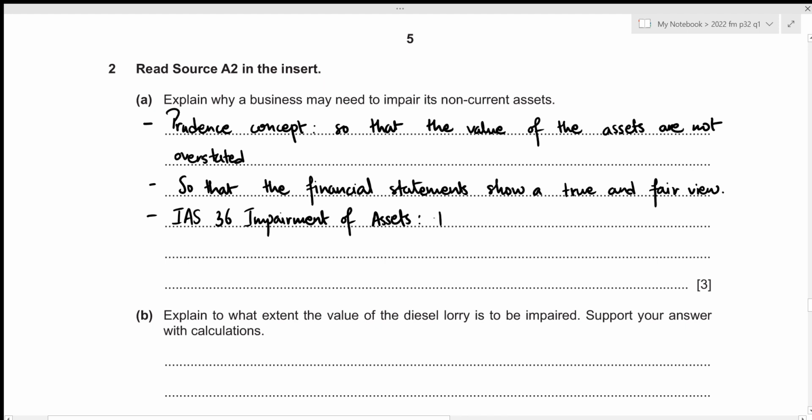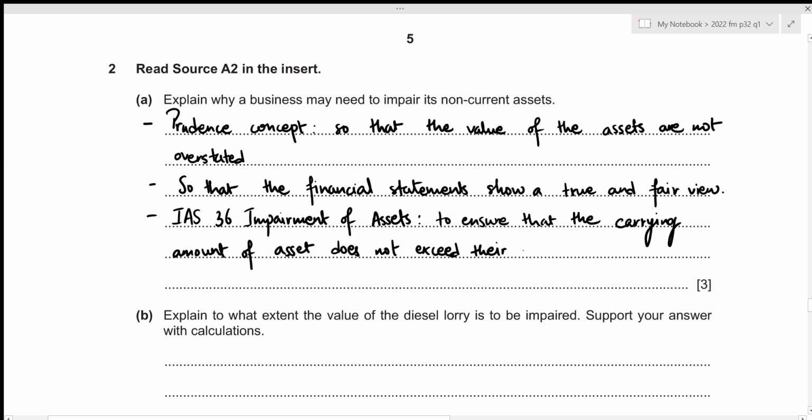And this is done to ensure that the carrying amount of asset does not exceed their recoverable amount. Alright, this concludes the first part of this question. We can now move towards the second one.